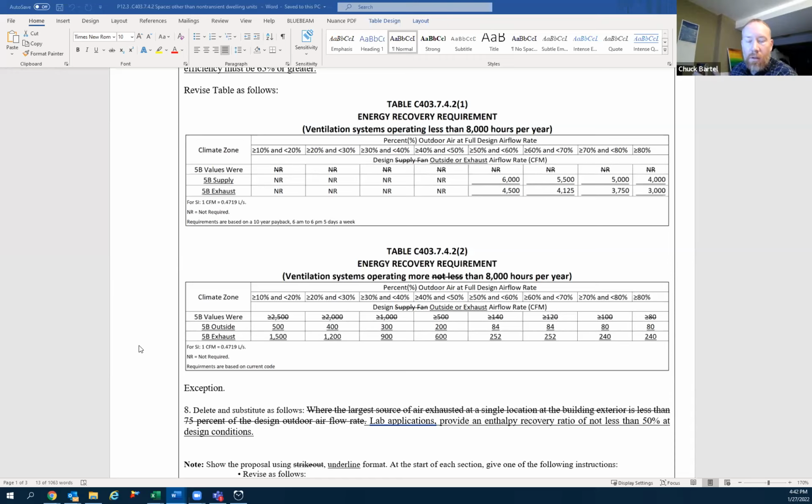These are the floors. In other words, if you're above these values combined, you would need to do energy recovery. So I think that was the problem in the last round. The language wasn't written very well, to be clear on that.